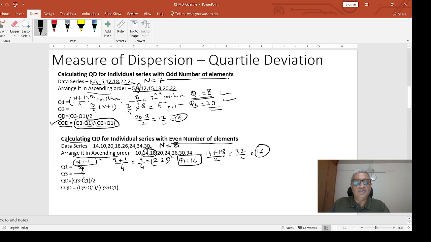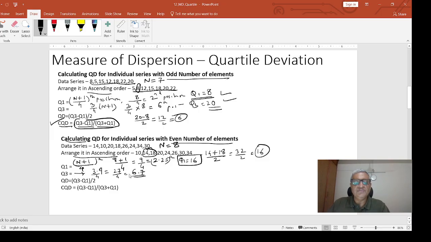What is my Q3? Q3 is 3 by 4 multiplied by 9, correct? Because n is 8, 8 plus 1 is 9, right? So I have 27 by 4, which is 6.75.